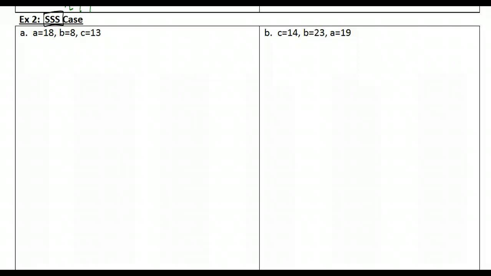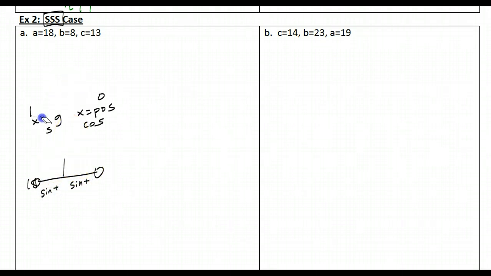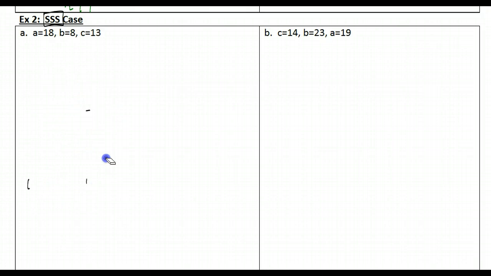So we can talk more about that in class, but I just want to tell you that if you think about from 0 to 180 degrees, because here x is positive and here x is negative, and x is cosine, between 0 and 180, there's only one positive angle I can find when I'm using cosine to solve. The thing was, when I'm using sine to solve, everything is positive from 0 to 180, so that's why there was 2 possibilities. Again, we can talk more about that when we get to class.